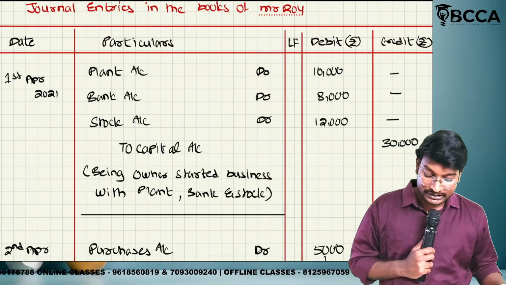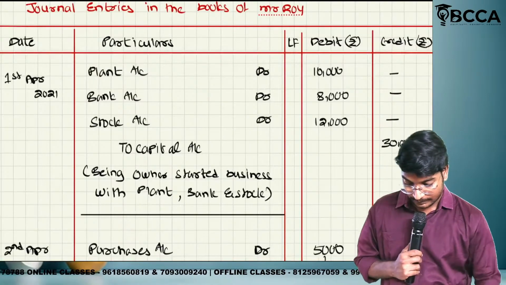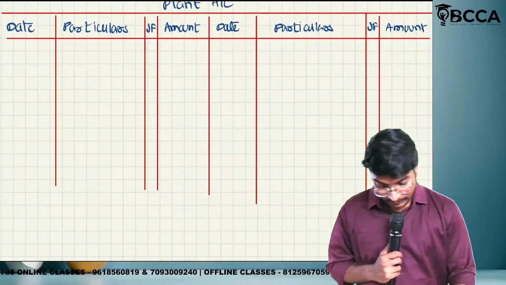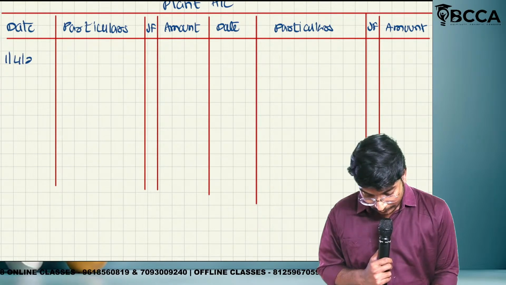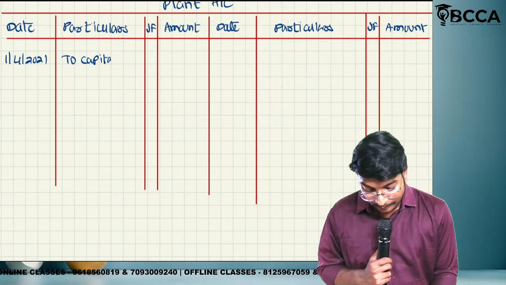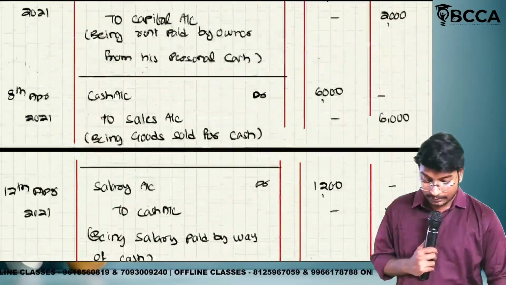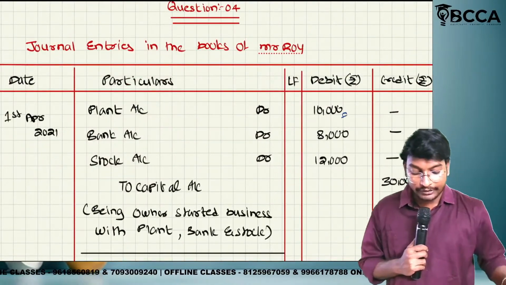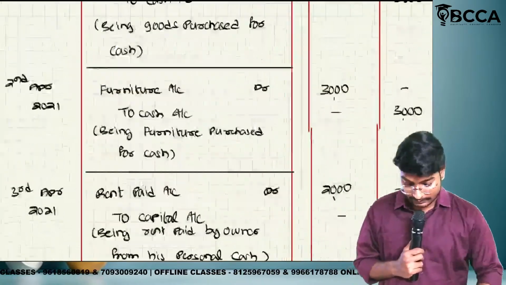On which date? 1st April 2021, to capital. How much amount do we need to post? In front of the plant, how much is there? 10,000. So we need to post only 10,000. We should not post the 30,000.